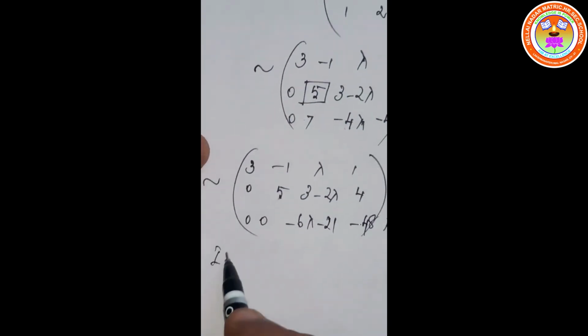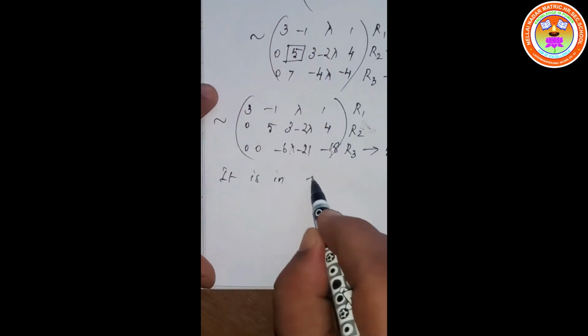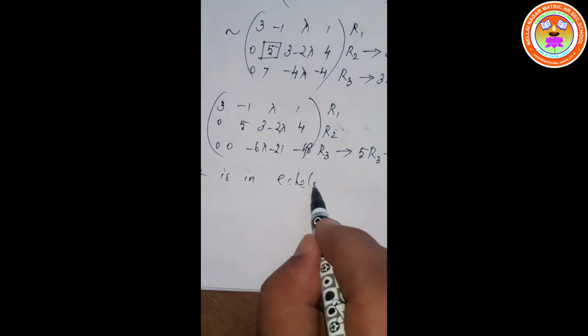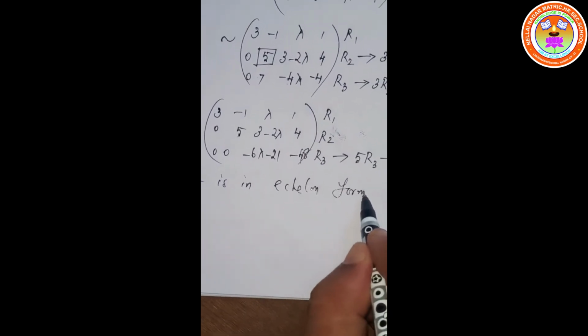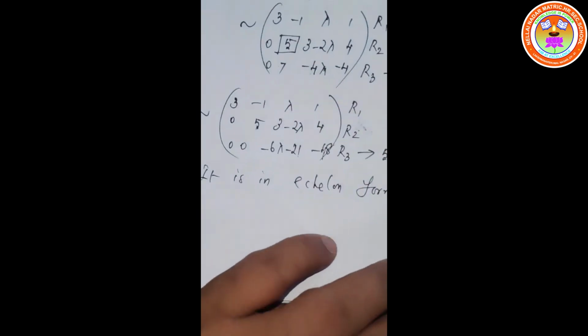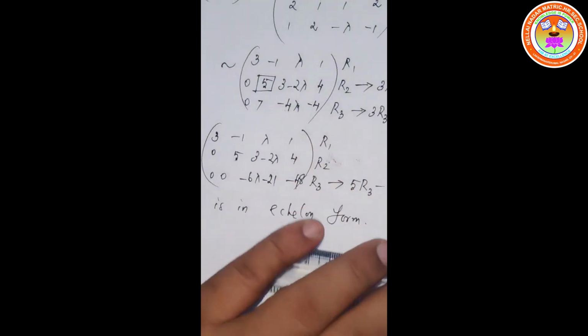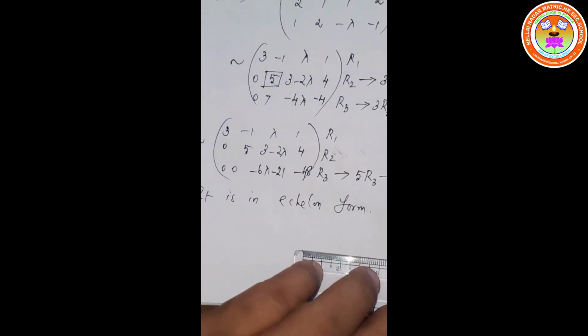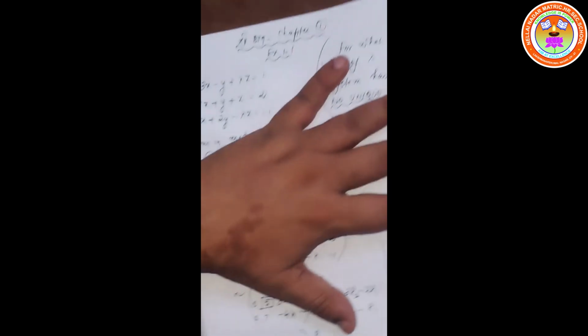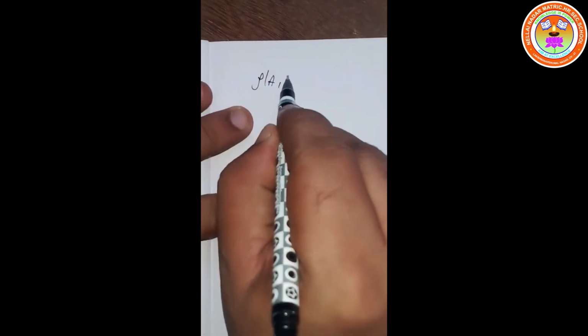It is in echelon form. Now write the rank of A comma B and the rank of A. Rank of A comma B first.